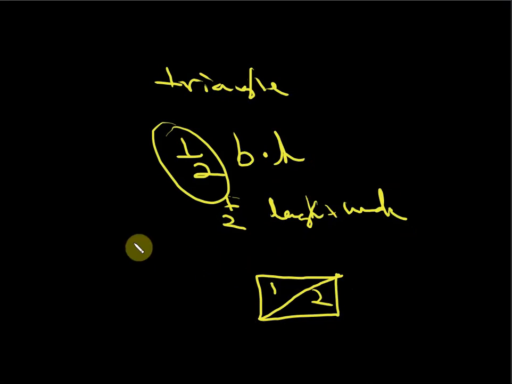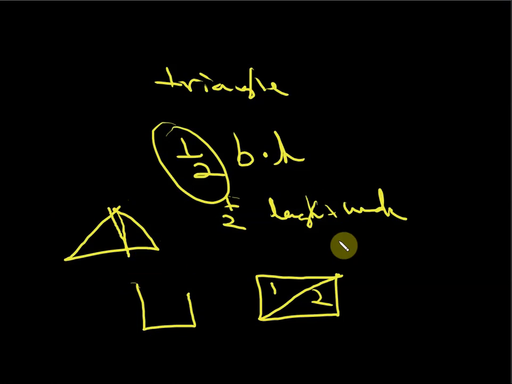Now, you can get very, very creative with the triangles. So you could have isosceles, acute, obtuse. But remember, if it's not a right angle triangle, then this would be the height, the width, and so you don't have to solve for it.